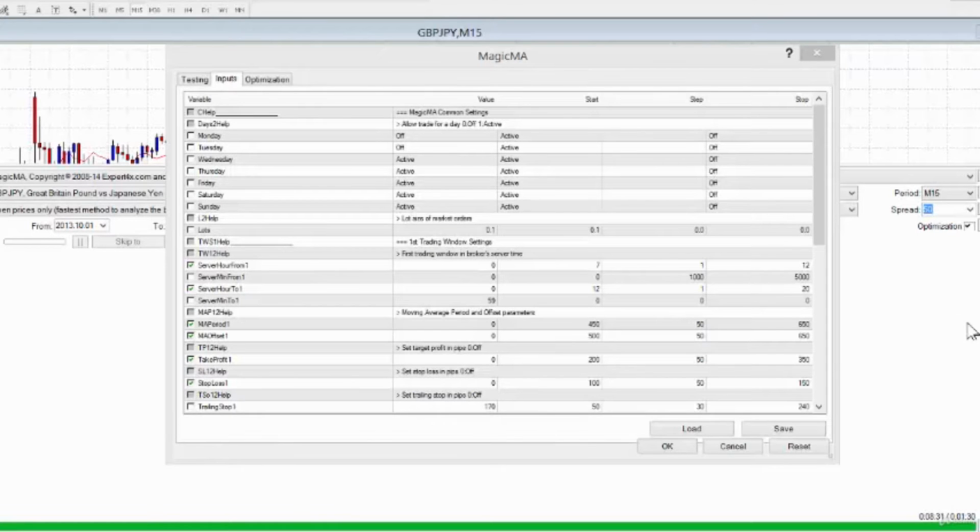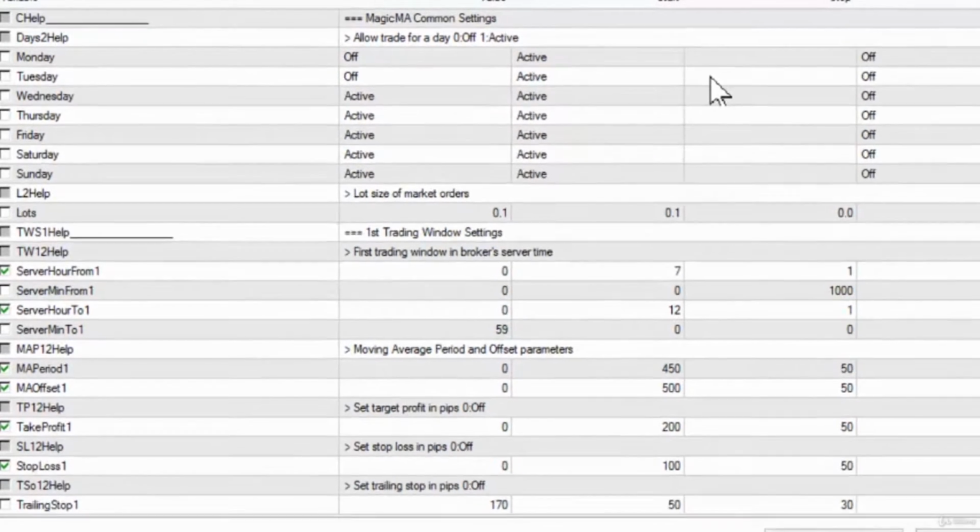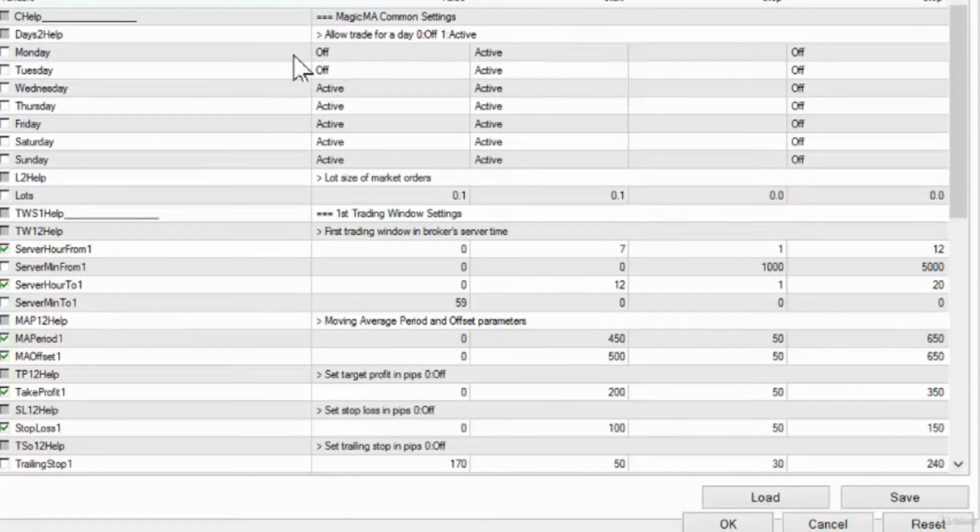So what I've done is I've taken those settings that we have determined in the previous section, and I have eliminated Mondays and Tuesdays, and the rest of the days are active. I have also created the range from 7 to 12 and from 12 to 22 in terms of the trading times. In terms of the moving average and the moving average offset, as we said, anything over 450 up to 650 would be good, and anything over 500 up to 650 would be good for those particular settings.